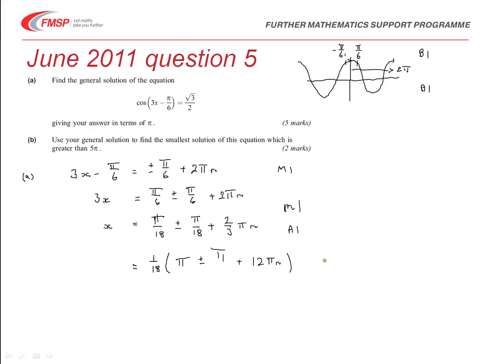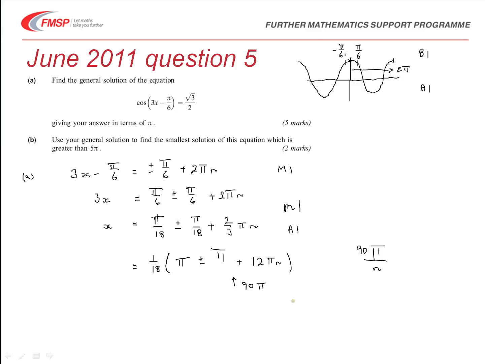So 5 pi we know is going to be 90 pi over 18. So this second part here needs to be over 90 pi to give us an appropriate solution.